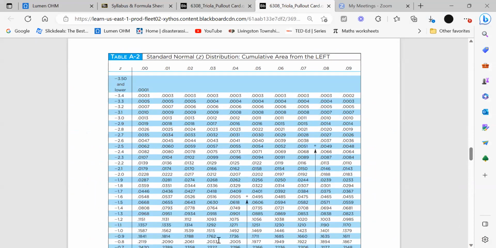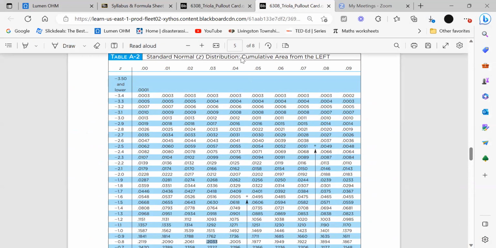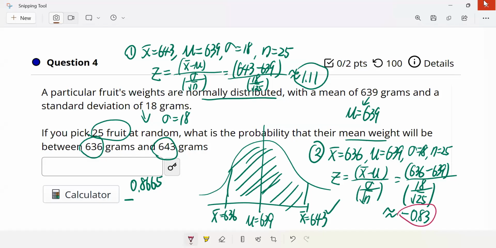The corresponding probability is 0.2033. And the difference is the answer. That's the area between 636 and 643: 0.6632. The answer is 0.6632.